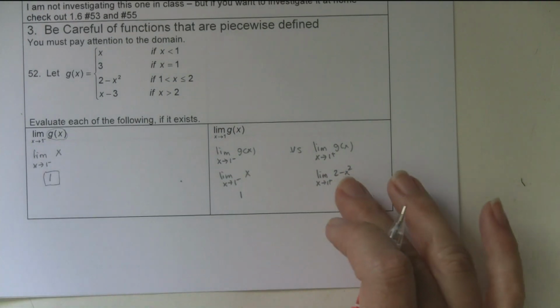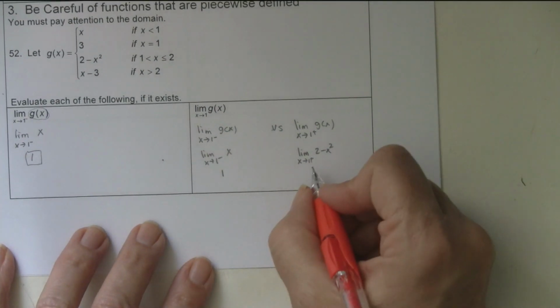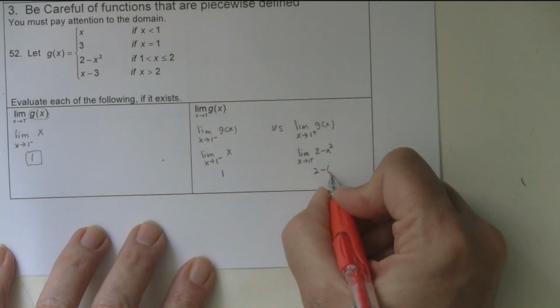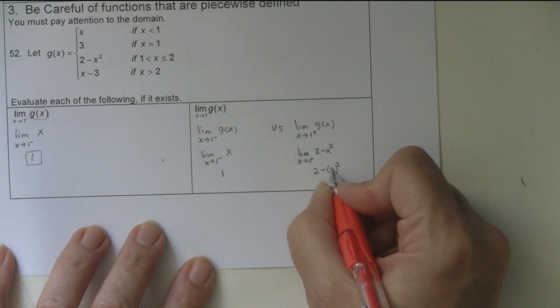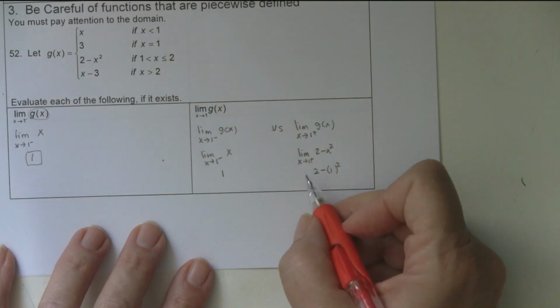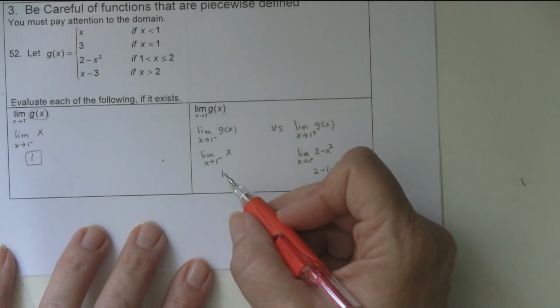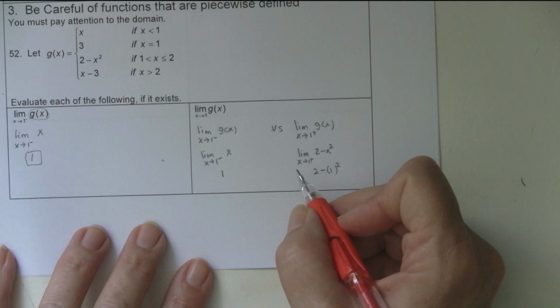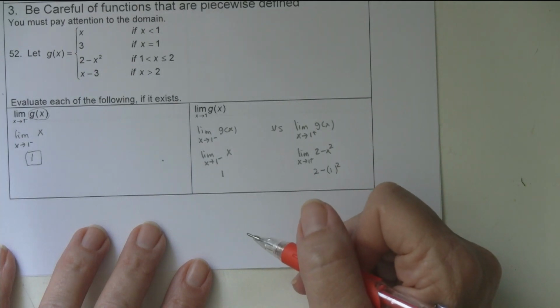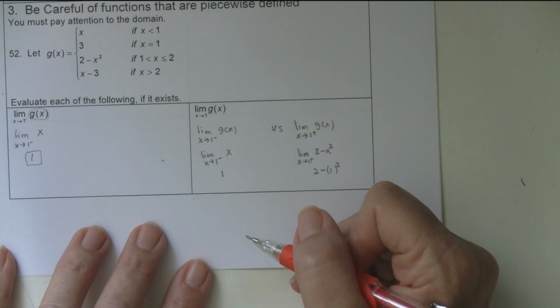And so since this is a polynomial, I can use substitution. So this is 2 minus 1 squared. People always ask, what do I plug in when it's a little bit smaller than 1, when it's okay to use direct substitution, and when it's a little bit bigger than 1, and it's okay to use direct substitution? If it's okay to use direct substitution, it's okay to plug in just 1.